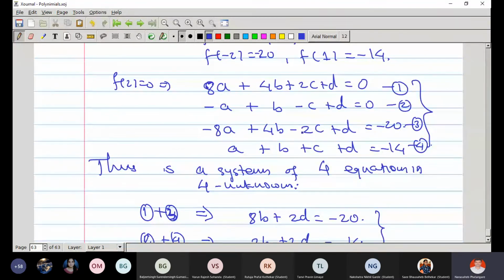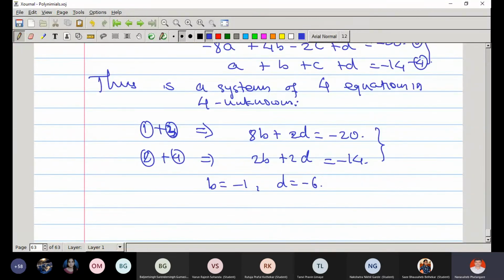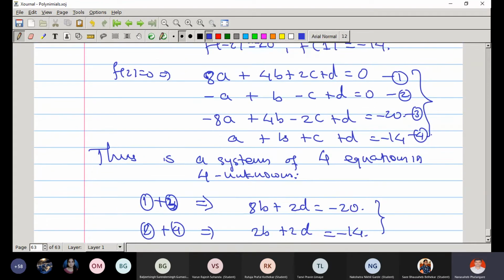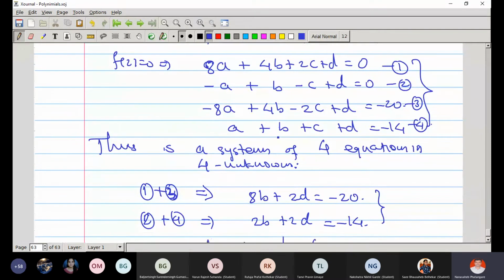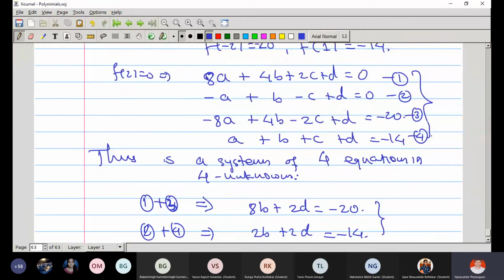Understand the next part. Alternatively, you can do it as 1 minus 3 and 2 minus 4 and see what happens. In 1 minus 3, the b and d terms get cancelled, so 16a plus 4c.